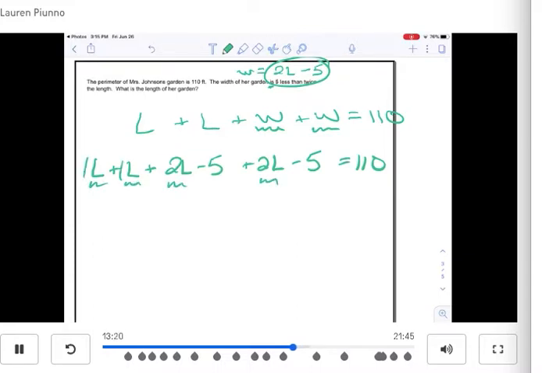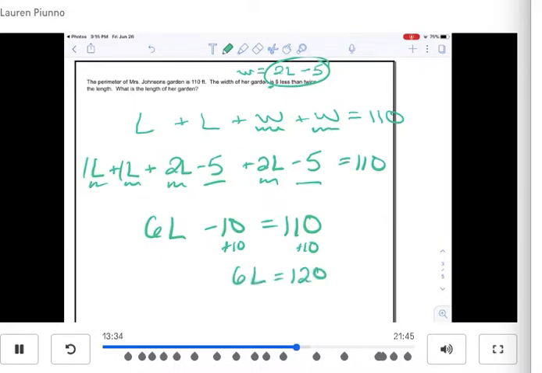Well, this is 1 plus 1 plus 2 plus 2, so that's 6L. Minus 5 twice is minus 10, is equal to 110. Let's add 10 to both sides. So 6L is equal to 120. So length is equal to, divide by 6, length is equal to 20.